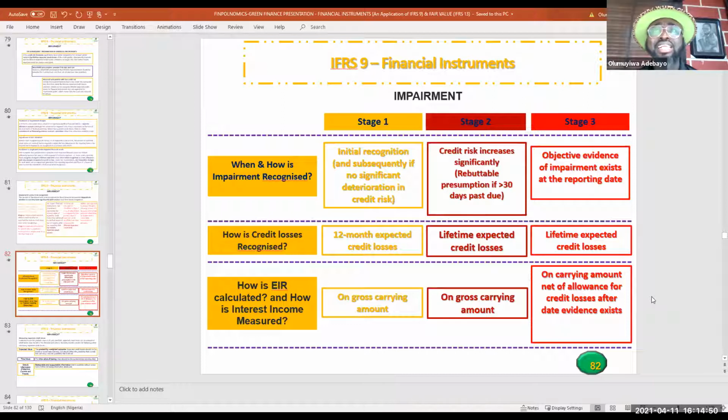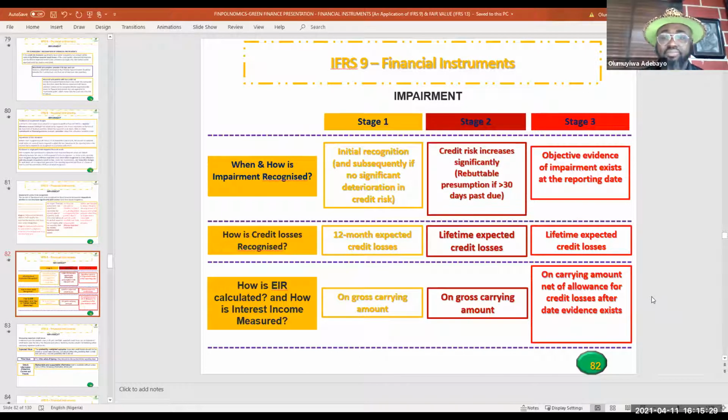Rebuttably, any debt, receivables, loans that cannot repay itself or that cannot pay its interest or principal or both after more than 90 days is sufficient to say this is credit impaired. And in that case, it belongs to stage 3. But it goes beyond just the quantitative. There are factors we need to consider. There are situations we need to consider. There are triggers we need to observe.